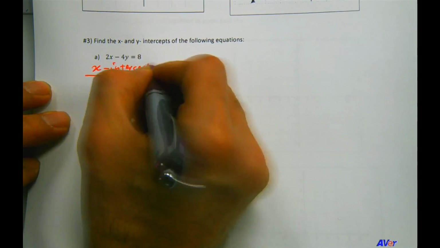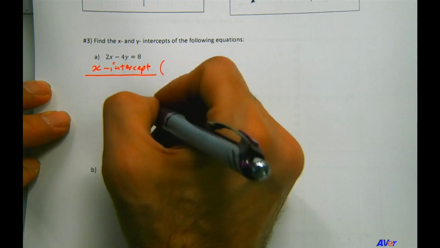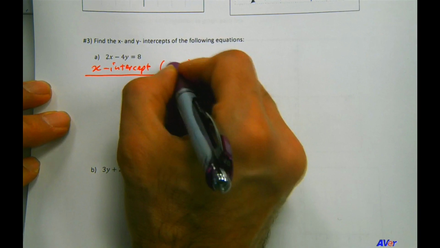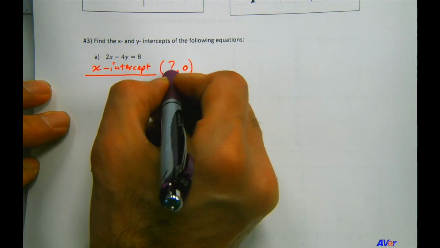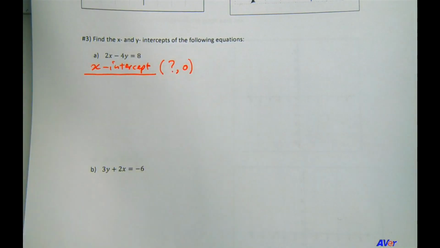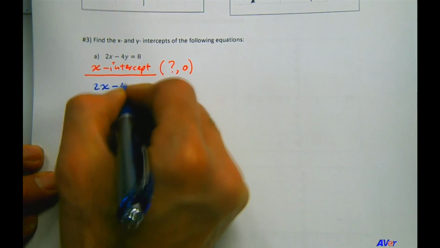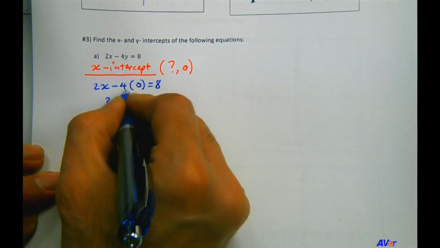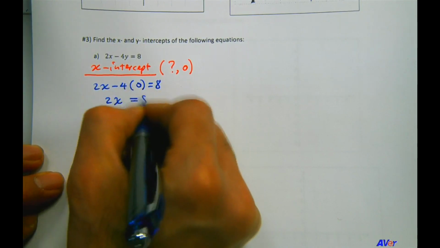So for the x-intercept, which component is 0? If you said the y value is 0, you're absolutely correct. And we're going to look for the x value, right? So let's plug in for y with 0. 2x minus 4 times 0 equals 8. 2x, that's 0, right? Equals 8.